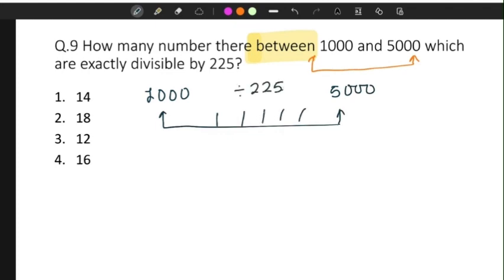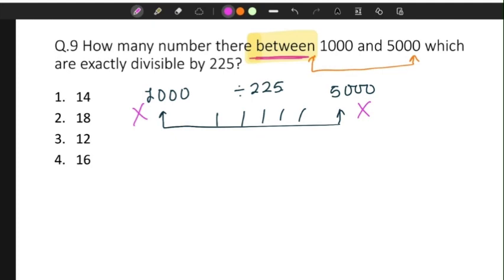The between will indicate that the first number 1000 and the last number 5000 are not included in this. Please understand this. They are asking us to find the numbers between 1000 and 5000, so 1000 and 5000 are not included here. We have to find the values in between both of them.